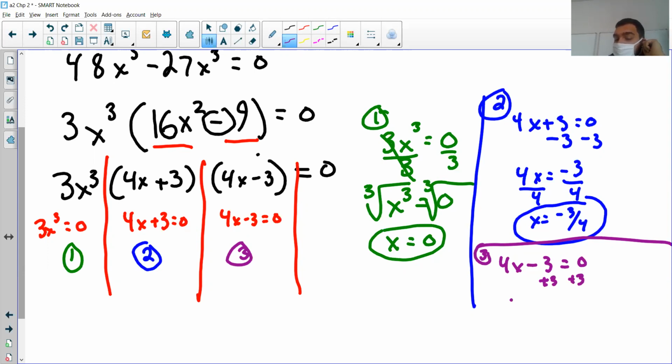Plus 3, plus 3. Oh. So 4x equals 3. And then what? Divided by 4, x equals 3/4. So your answers are 0, -3/4, and +3/4.